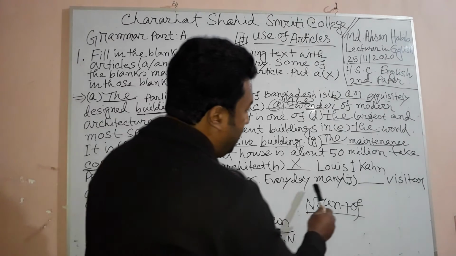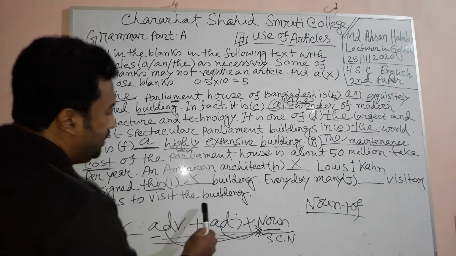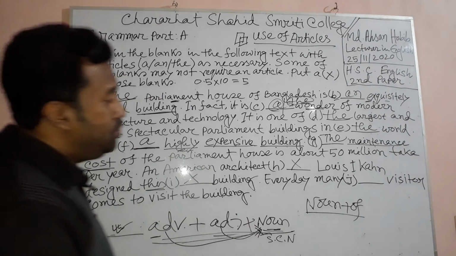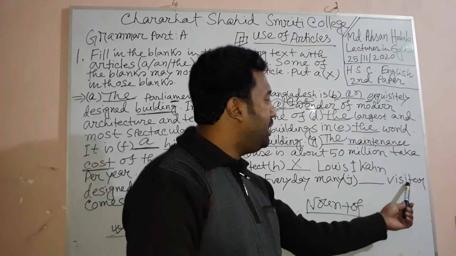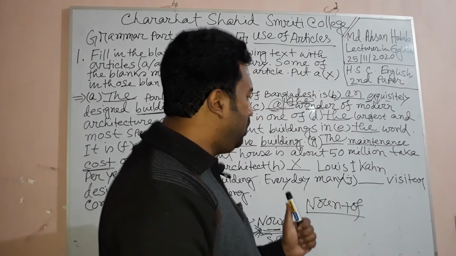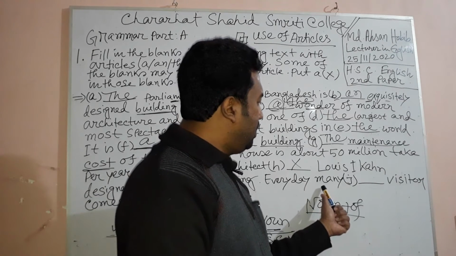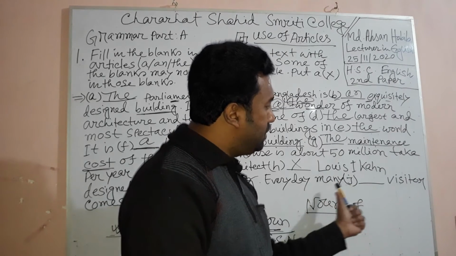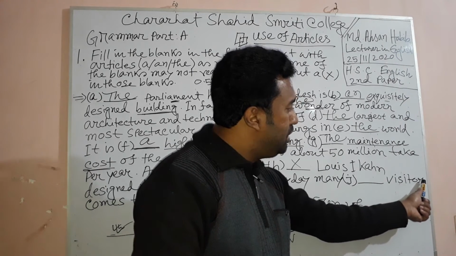Now, every day many dash visitor comes to visit the building. So what do you see? Many we use. Visitor here is a noun and it's singular, but generally we know that many means many things, that is many students, many visitors, but we do not have s with this visitor.